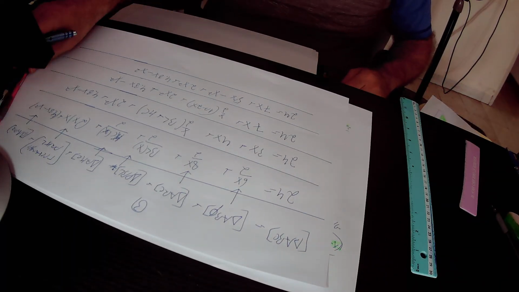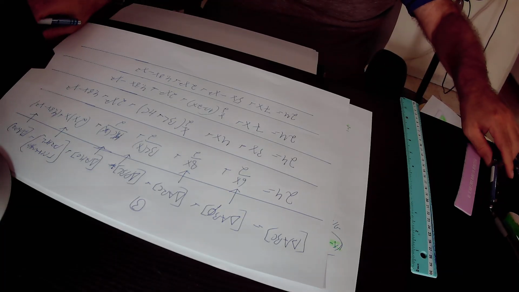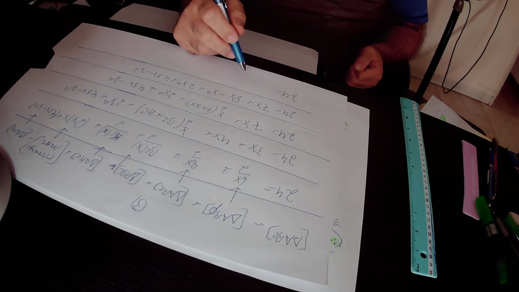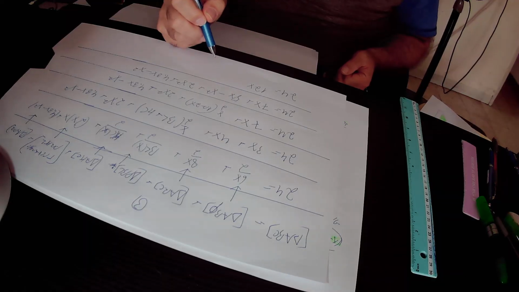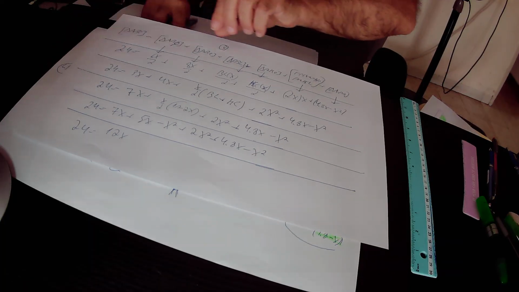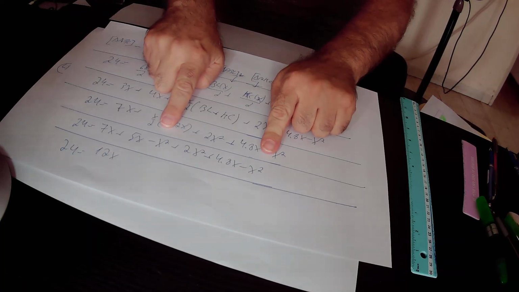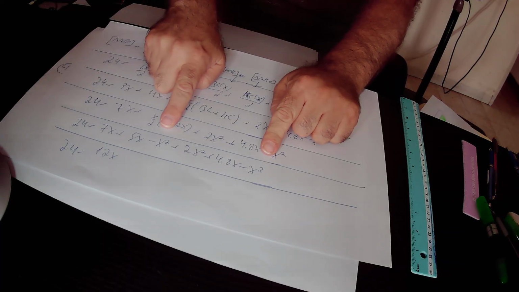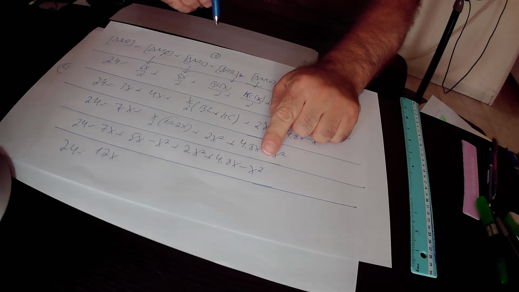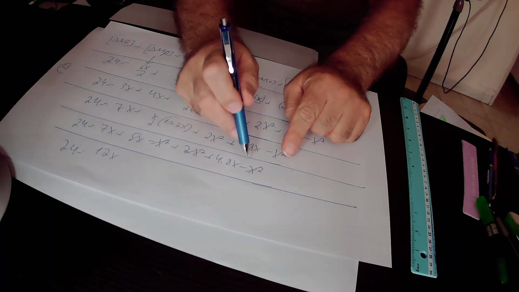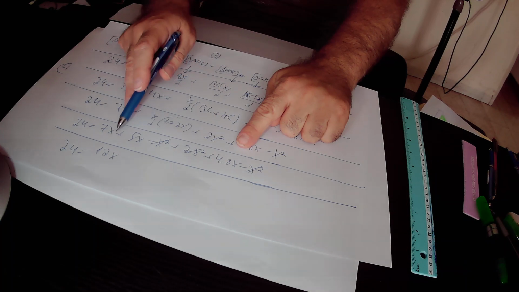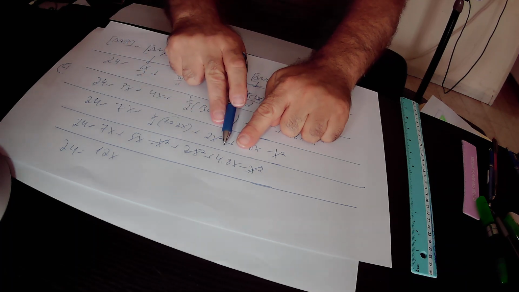So 24 equals 7x plus 5x is 12x. Minus x squared, plus 2x squared, minus x squared is 0, and those expressions get cancelled. We are left only with 4.8x, because 7x plus 5x is 12x, plus 4.8x.